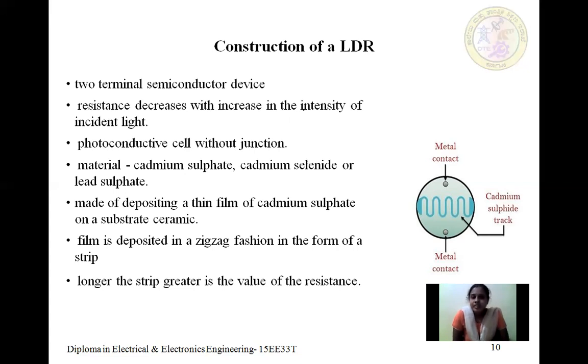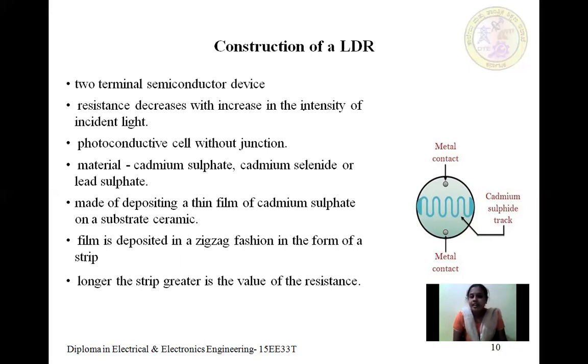Then the resistance decreases with increase in the intensity of the incident light here. And this is also called as photoconductive cell without junction. The material used here for the construction of LDR is cadmium sulfide, cadmium selenide, or lead sulfide.